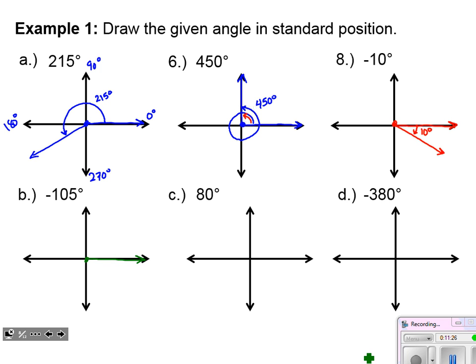Initial side going in the negative direction, there's 90, and I'm going just 15 degrees past that. There's negative 105 degrees. I'm sorry, 15, not 20 degrees past. I thought I was doing 110 for whatever reason. And I just noticed I did not label this as negative 10 degrees.